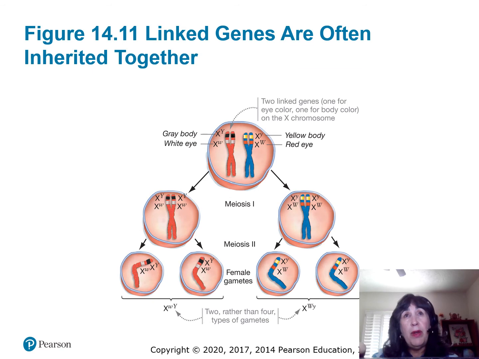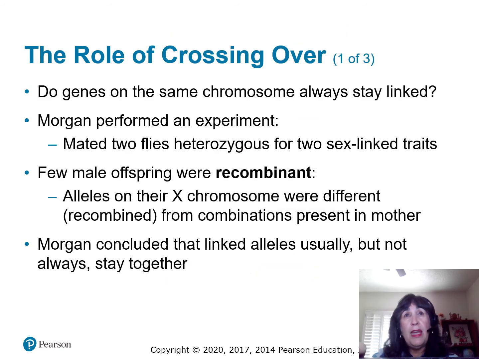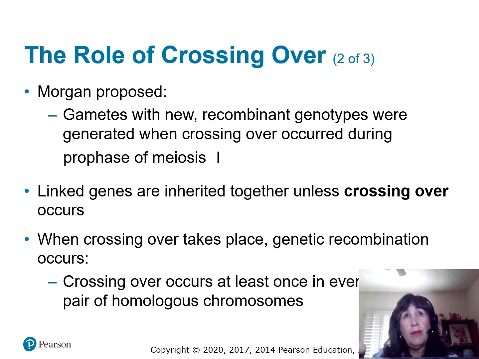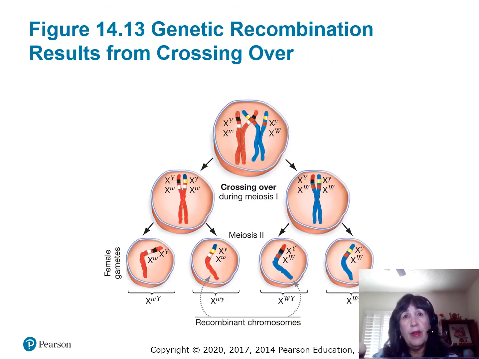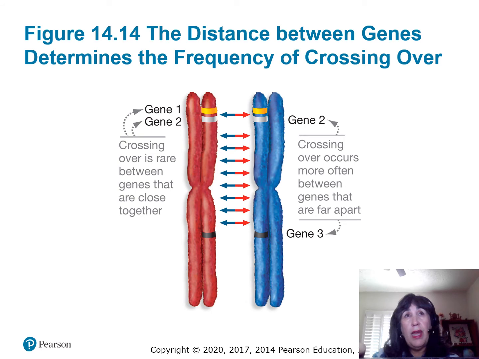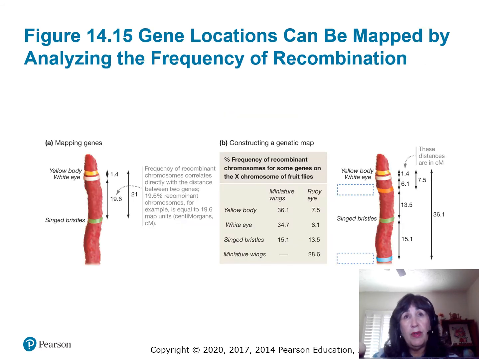I'm going to keep on going, so I hope you can keep up with me. I'm skipping several slides. This will be skipped also. I'm skipping this. Okay, I'm skipping figure 14.14 also. Skip.